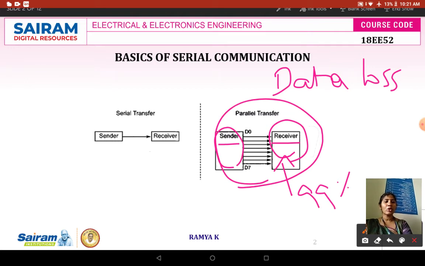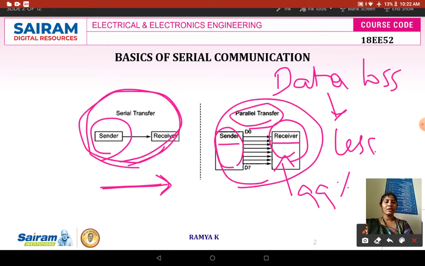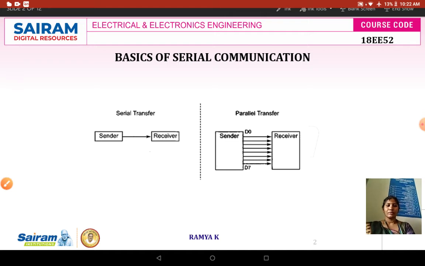So the loss of data in case of parallel transfer is less, whereas in case of serial data transfer, the loss of data is going to be more, because it is going to transmit only one bit at a time. We are going to place only one bit in the transmission channel, and we are going to wait until the next start bit is enabled on your sender side. So here the data loss will be more in case of serial data transfer.